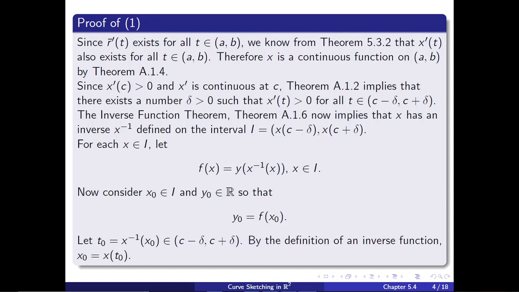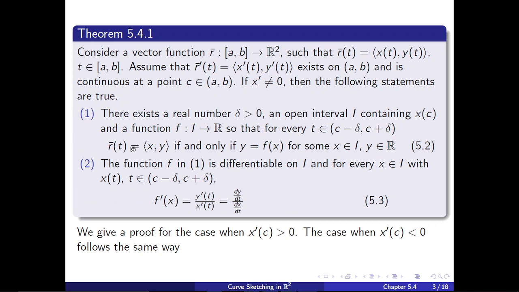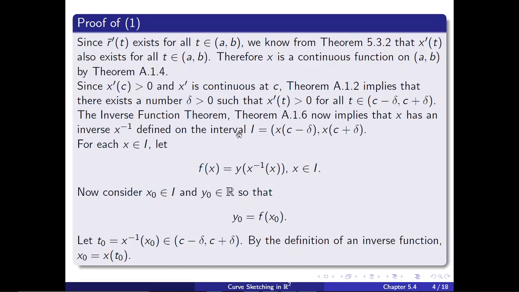So we are trying to find this f. So we take a point x naught in I, and y naught, which is a real number, such that this happens, and we let t naught be equal to the x inverse of x naught, which is in the interval c minus delta, c plus delta.